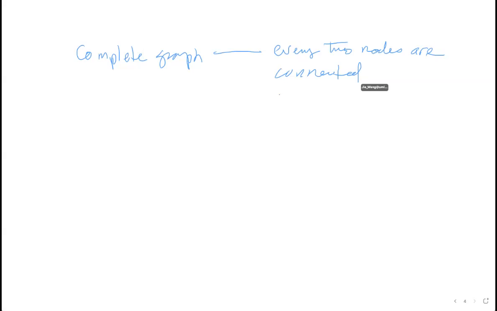So that's a complete graph. And then inside a graph G, this is also called a clique.